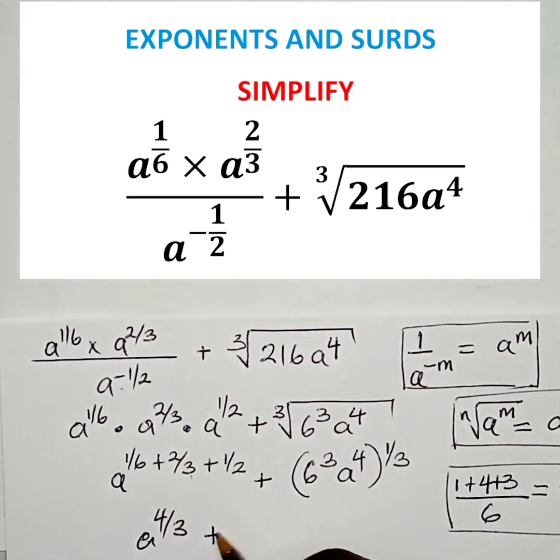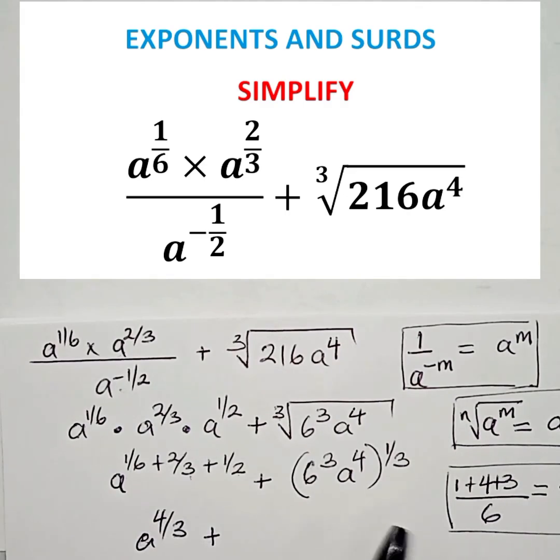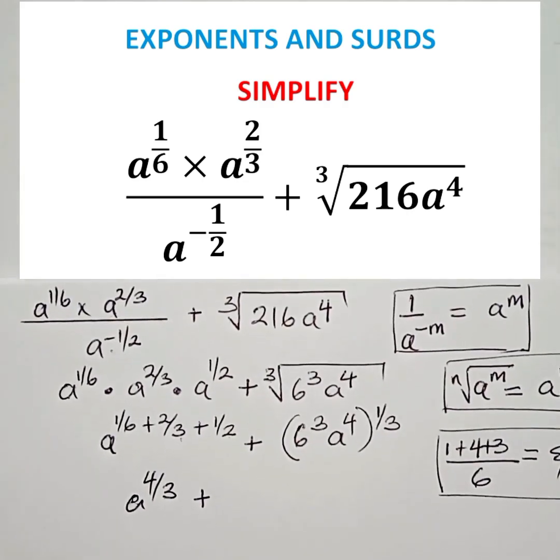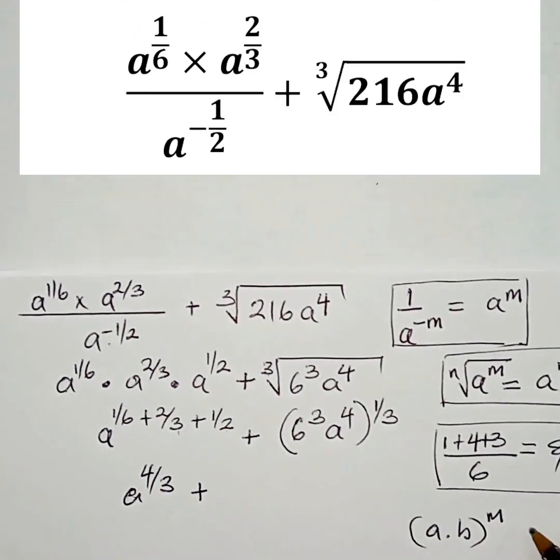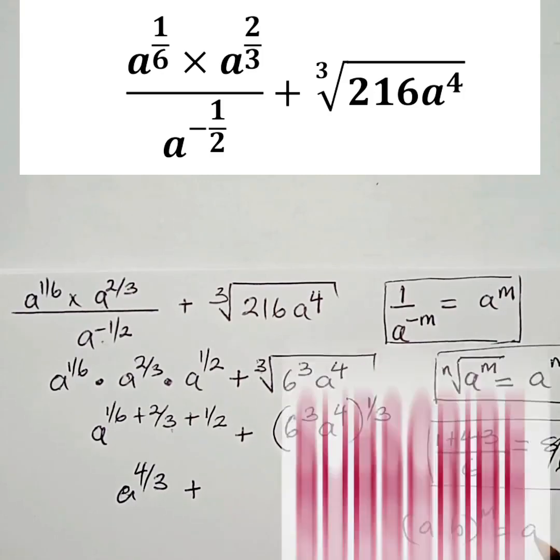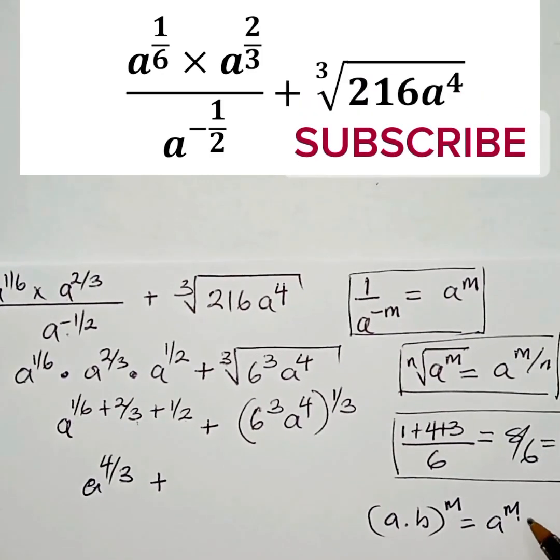Now let's move on to the second part. We can use another law of exponents on that. It says a multiplied by b to the power m is equal to a to the power m multiplied by b to the power m.